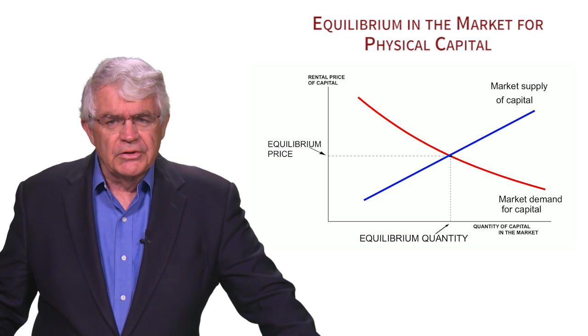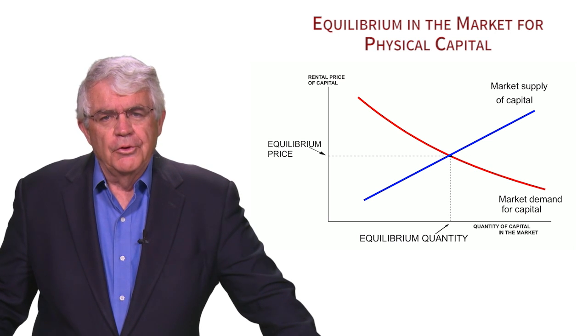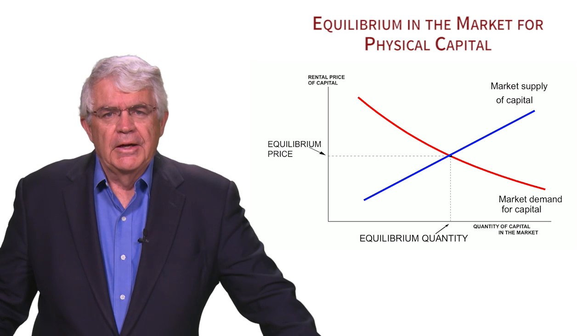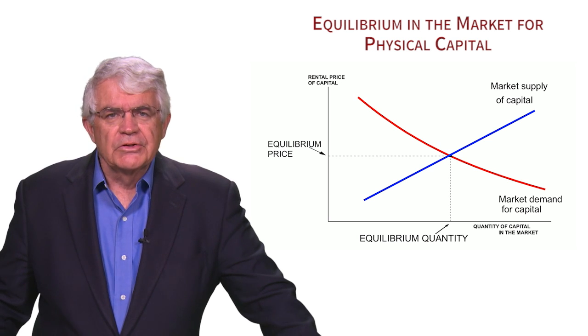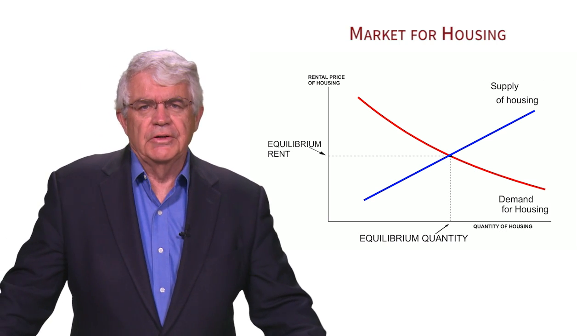So once we've derived this demand curve for capital, we get the same kind of stories we had before, and we can consider shifts and movements along and taxes, externalities, etc. So the ideas are quite similar once you get to this point. And we can also consider housing. Housing is actually a form of capital.